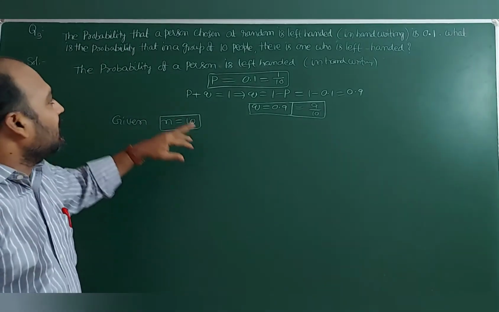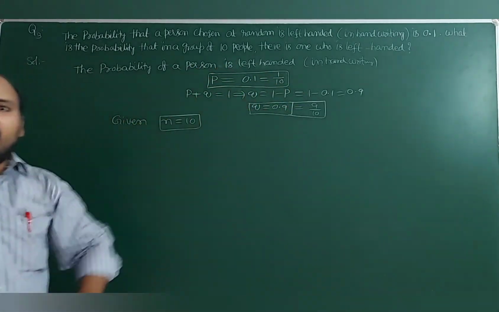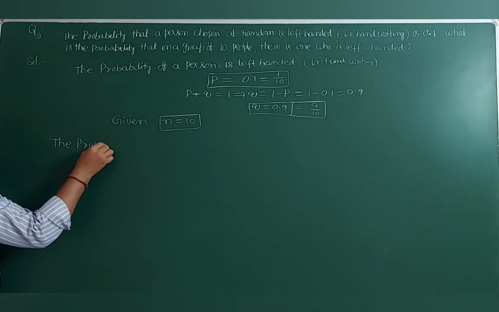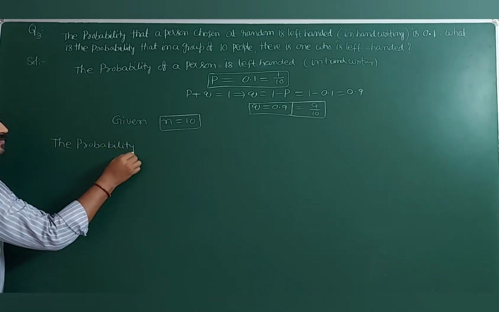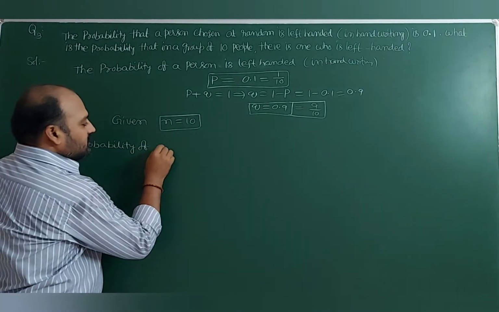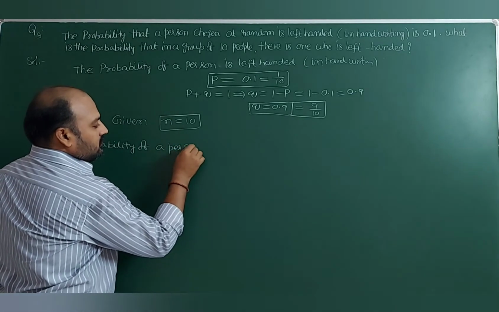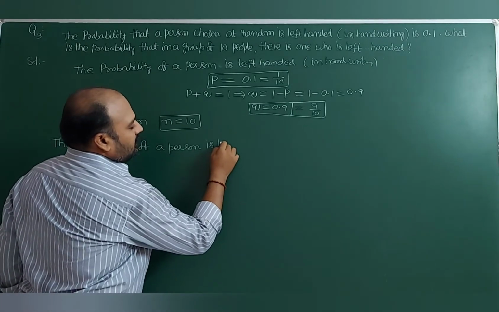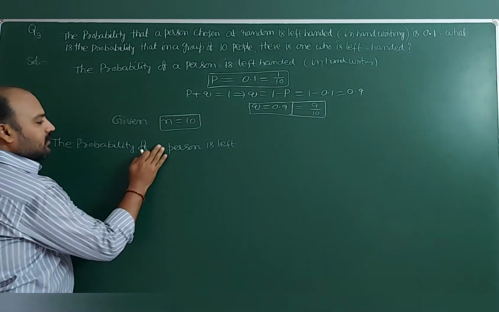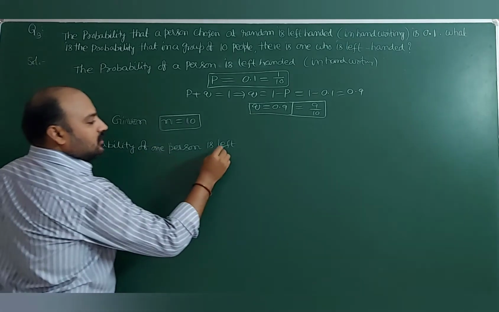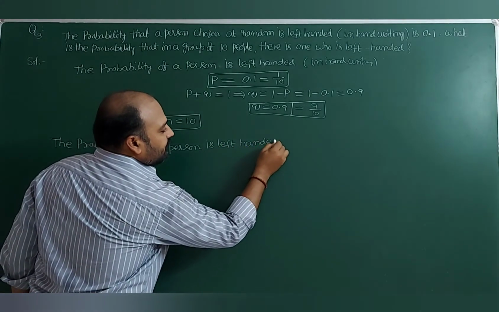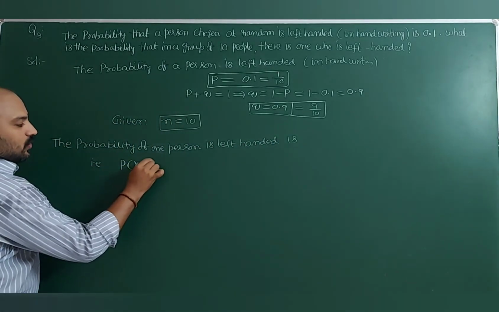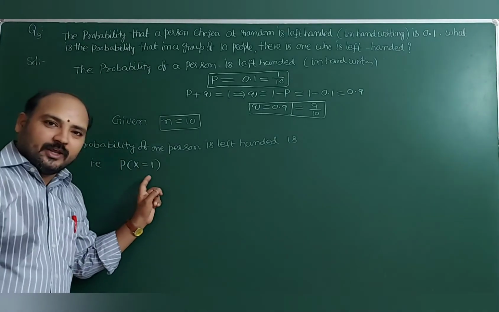So what they are asking is that there is one who is left-handed. The probability that one person is left-handed is P of x is equal to 1, R is equal to 1 here.